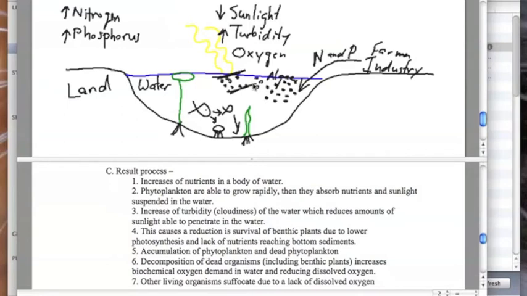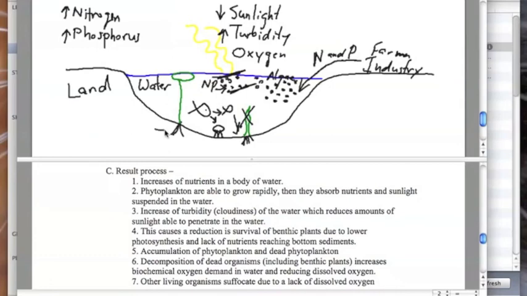And as the amount of turbidity increases, this is going to cause a lot of these benthic plants to be reduced because they're going to get less photosynthesis going on because they won't have as much sunlight. So these deeper water plants are going to probably die off. Additionally, the nitrogen and phosphorus that normally would get down to the bottom of the water is now being absorbed by these plants.